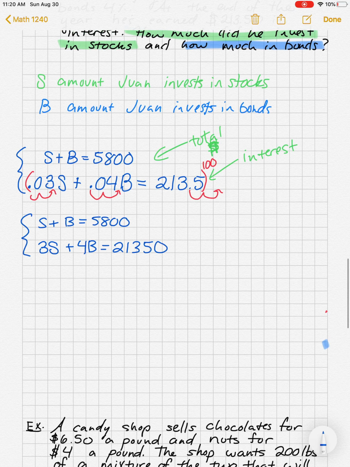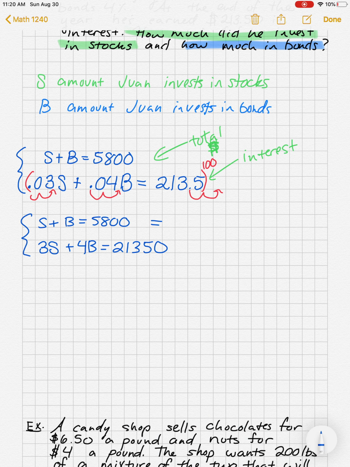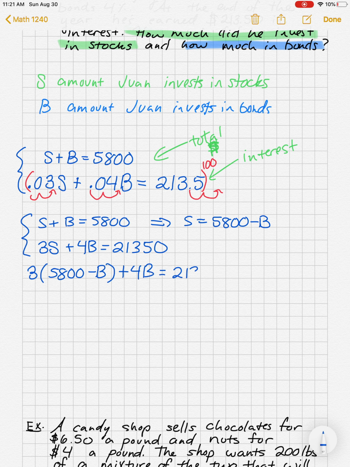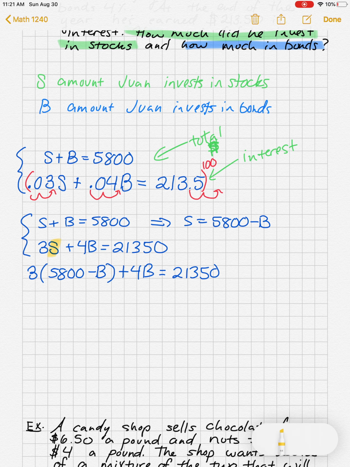And now I decide how I want to do this problem. I could do substitution or elimination here. It looks like a pretty simple substitution problem either way. So I'm going to have 3 times (5,800 minus b) plus 4b equals 21,350. I replaced the s here with the s here.